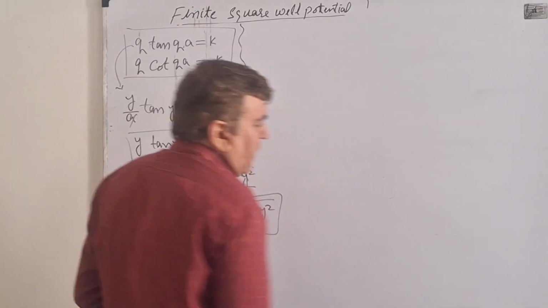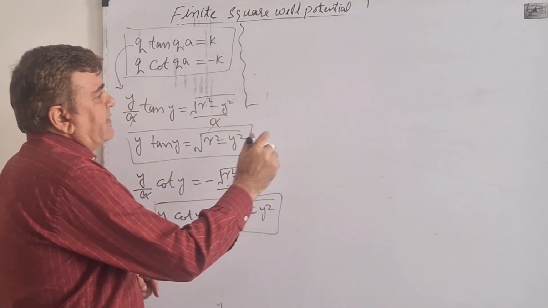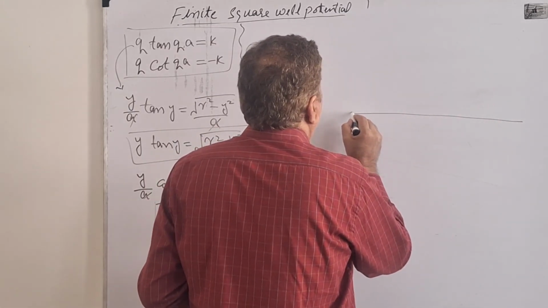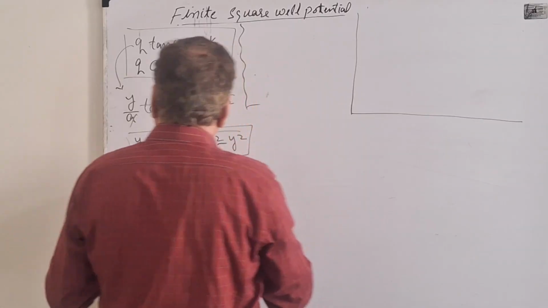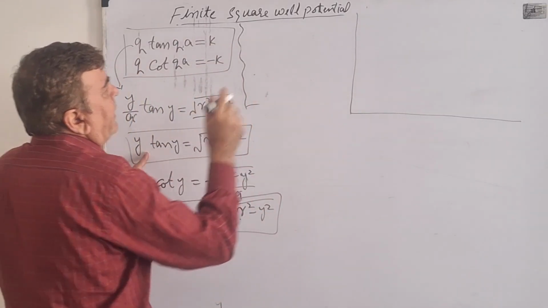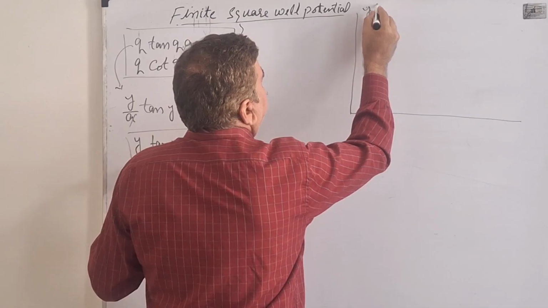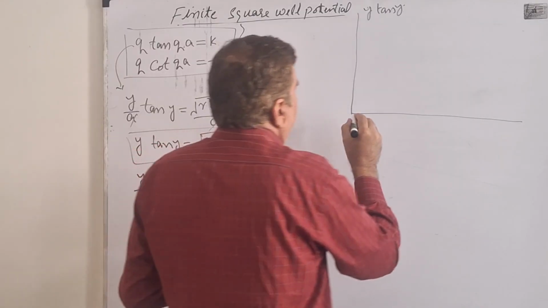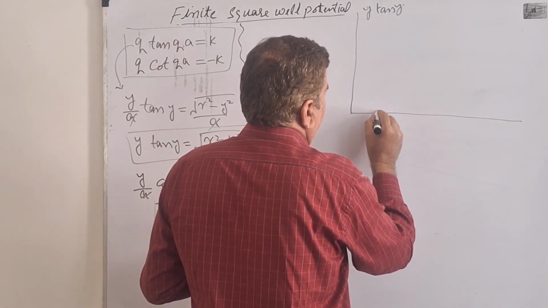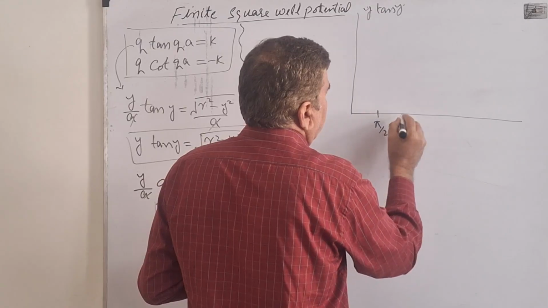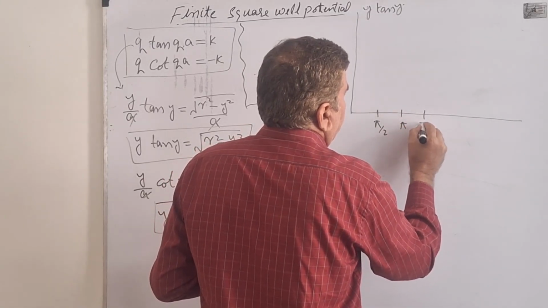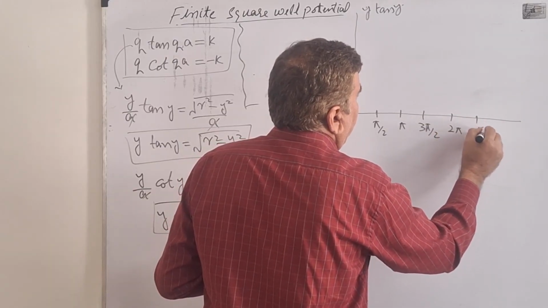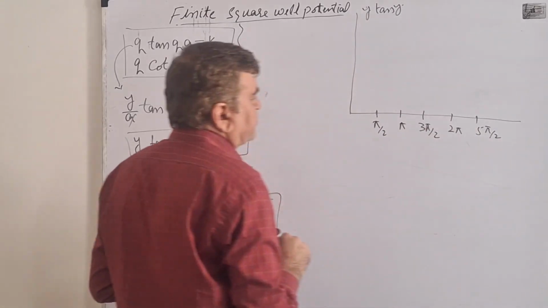So what I do, I take y along the horizontal axis, and along the vertical I first take y tangent y, and then I take the values pi by 2, then pi, then 3 pi by 2, then 2 pi, then 5 pi by 2, and so on.